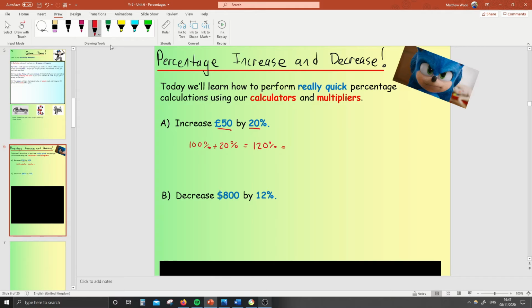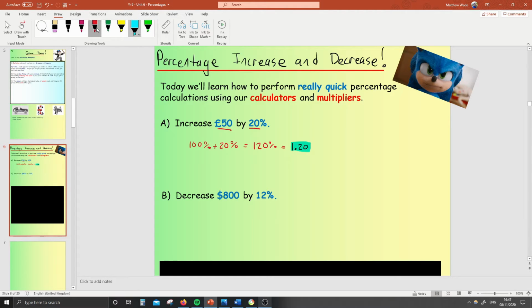Well, what are percents out of? Out of 100, the full amount is 100%, so we're going to divide this by 100. 120% divided by 100 is 1.20, or just 1.2 if you prefer. And see that number right there, buddies? That's called a multiplier, and that's your very first ever multiplier, you lucky ducks.